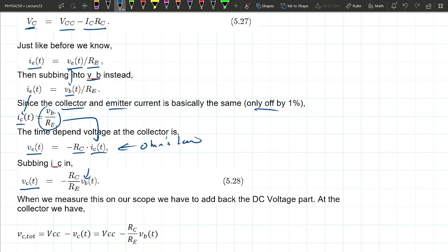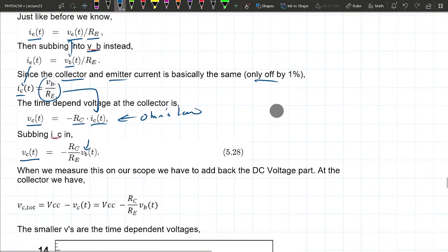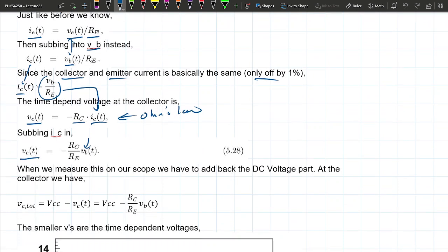Remember up here, the ratio of RC over RE is 10. So the gain from the input to the output is negative 10.